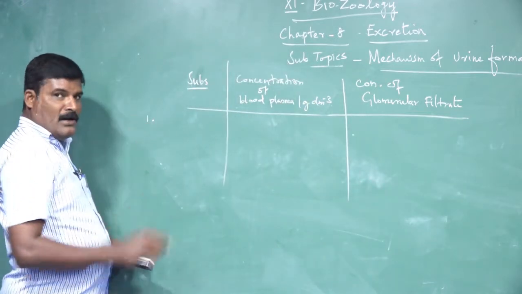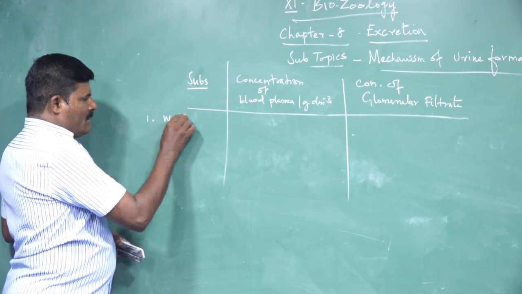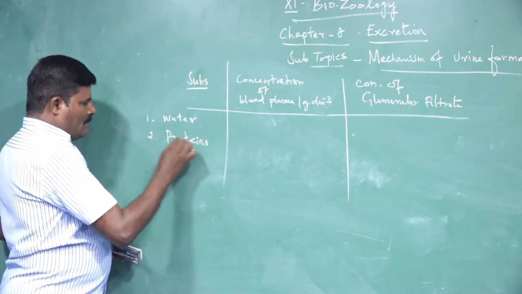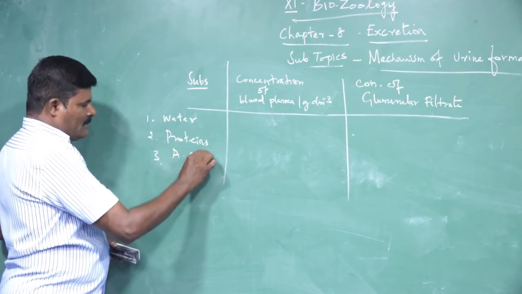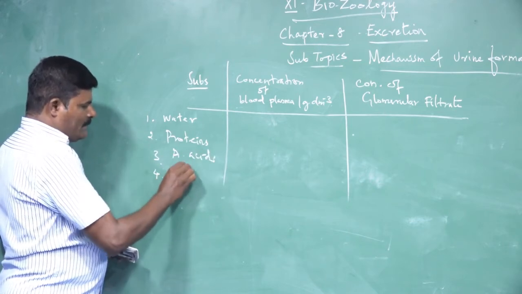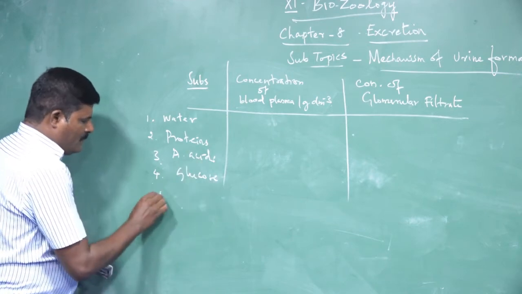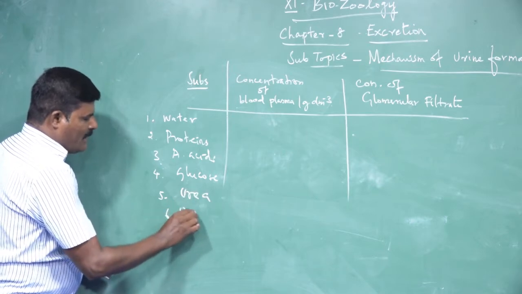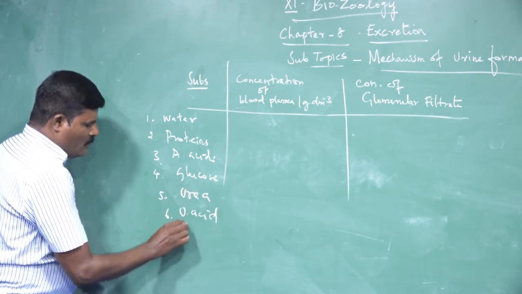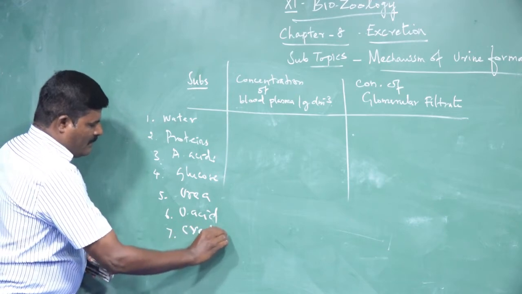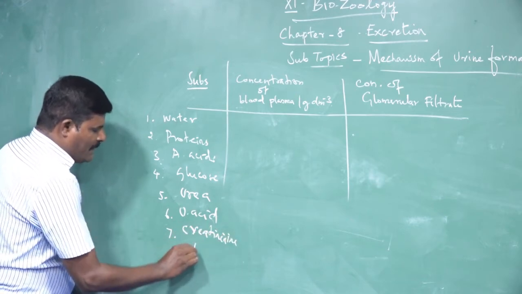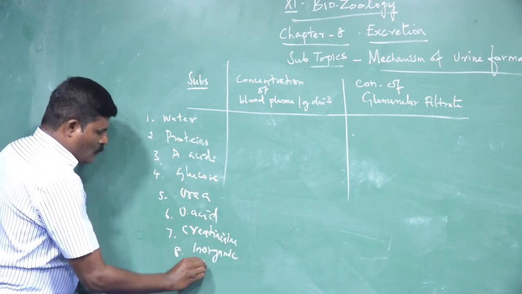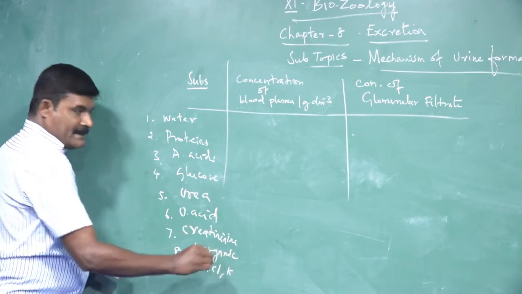What substances are normally there? Water, proteins, amino acids, glucose, the fifth substance urea, sixth uric acid, seventh creatinine, and the eighth inorganic compounds, such as sodium, chloride and potassium.